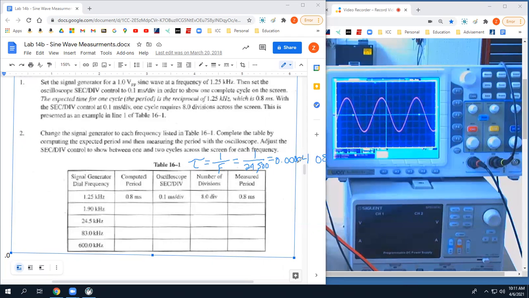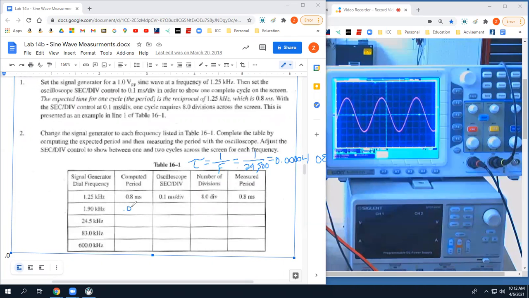So how many milliseconds would that be? 0.041 milliseconds? 41 microseconds.